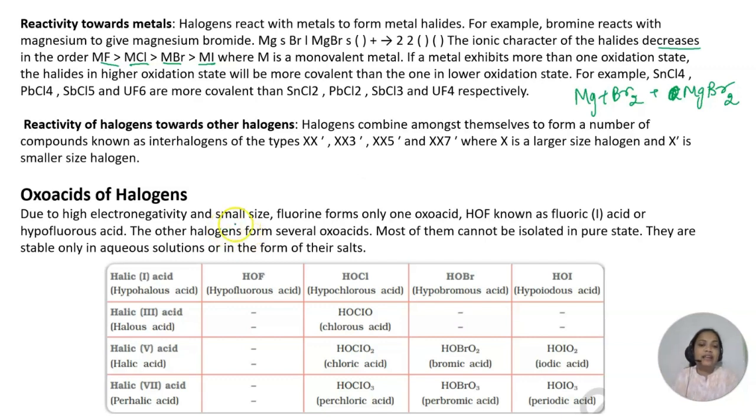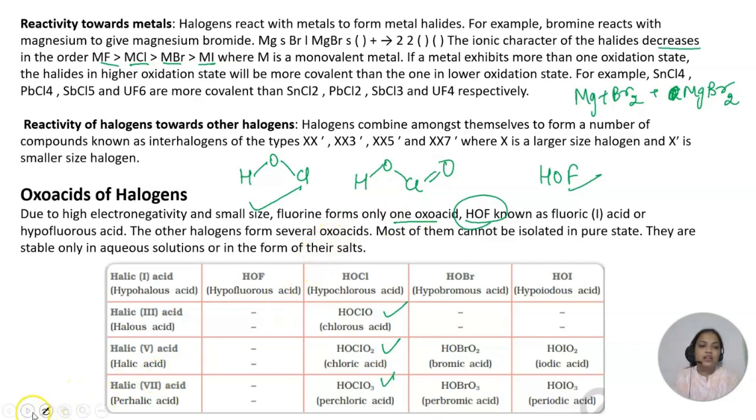Because of high electronegativity and small size, fluorine forms only one oxo acid, which is HOF, called fluoric acid or hypofluorous acid. But you can see others are formed, like chlorous acid, then chloric acid, perchloric acid. So the structures are like this: HOCl, then HOClO, then we have HOClO3 as well.